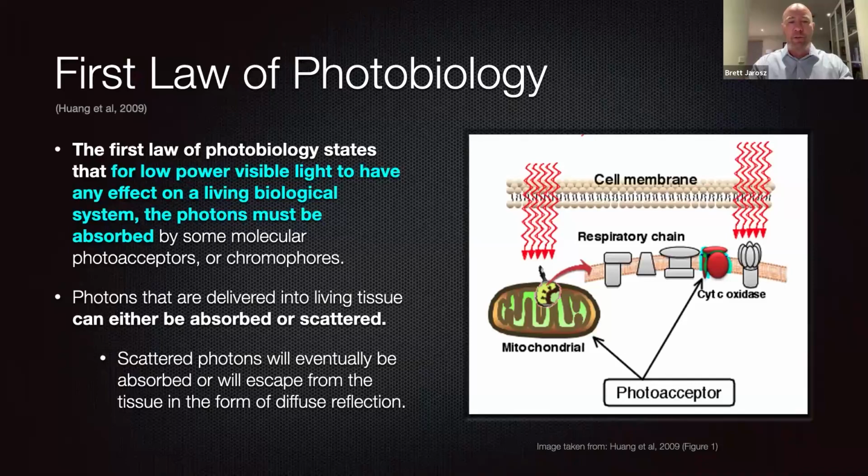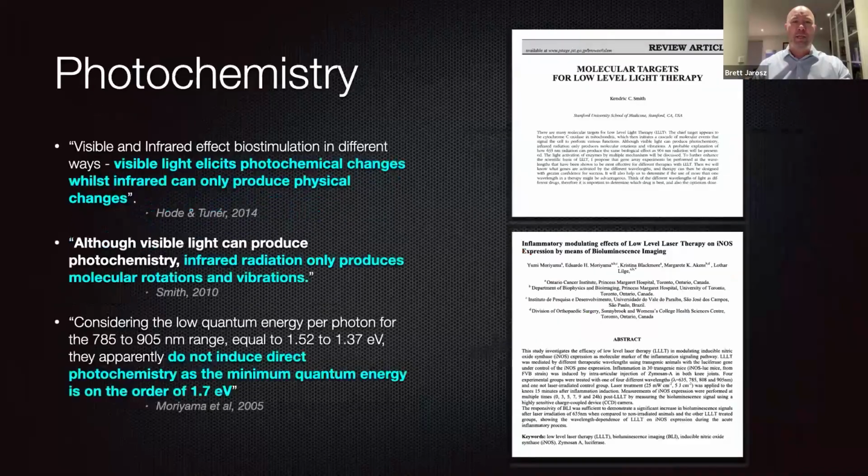All right, so scattered photons will eventually be absorbed or will escape from the tissue in the form of diffuse reflection.